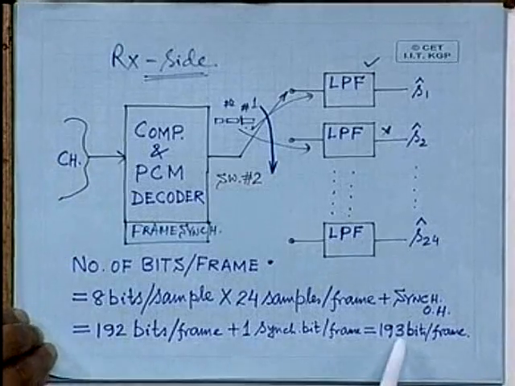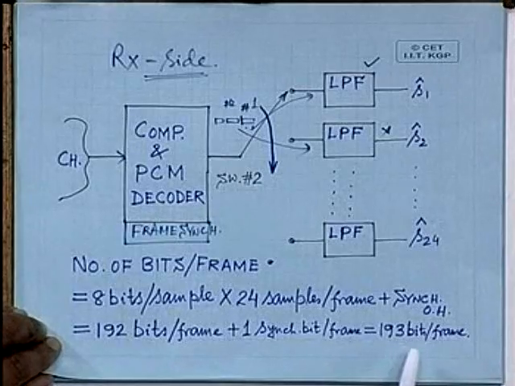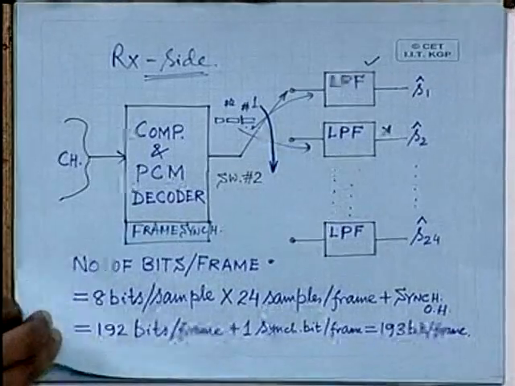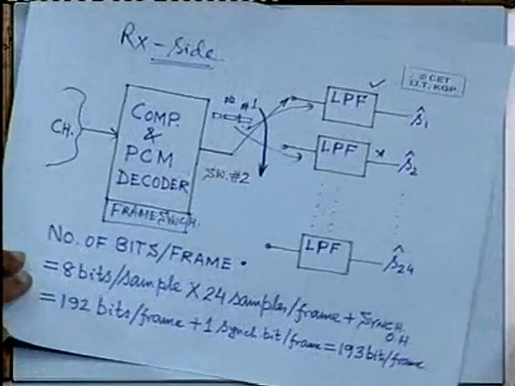So, the total number of bits in a frame is 192 plus 1, that is 193 bits per frame. And you remember perhaps that the frame duration is 125 microseconds, and hence I can calculate the overall bit rate after multiplexing.